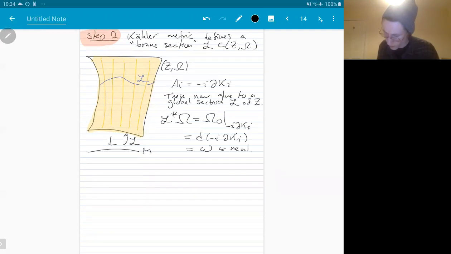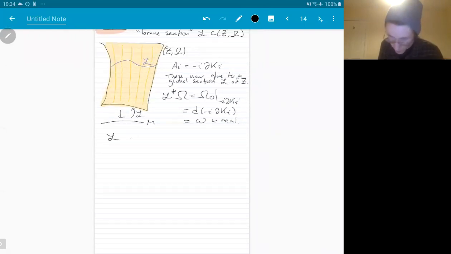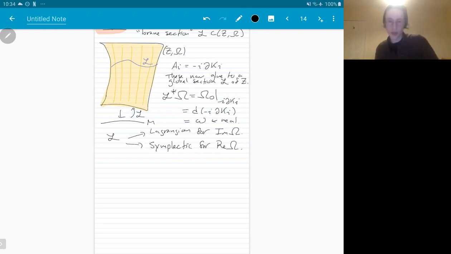So this is real. So what this tells us is that, first of all, L is Lagrangian for the imaginary part of omega, right? Because the imaginary part vanishes, but it's symplectic for the real part. And in fact, these two properties, the fact that it's Lagrangian for the imaginary part, this is what's called being a brane. L is a brane.